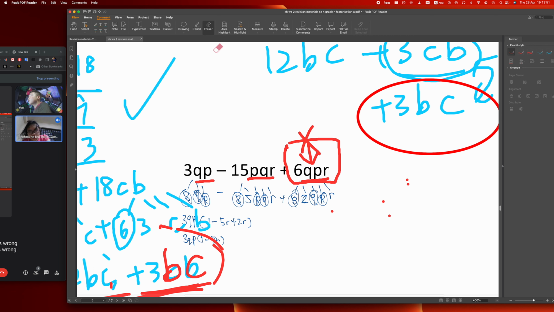The arrangement. Correct. So what do you need to do to this 6QPR? You rearrange the letters in alphabetical order.